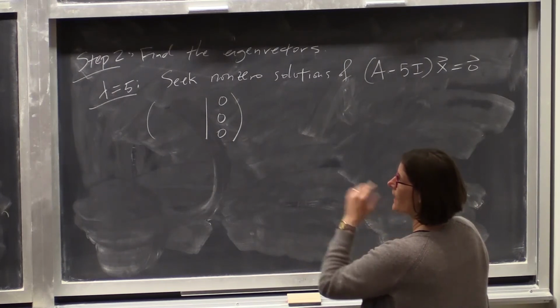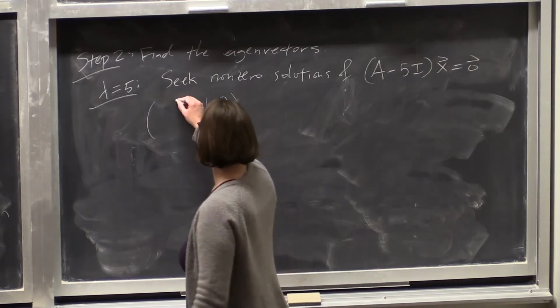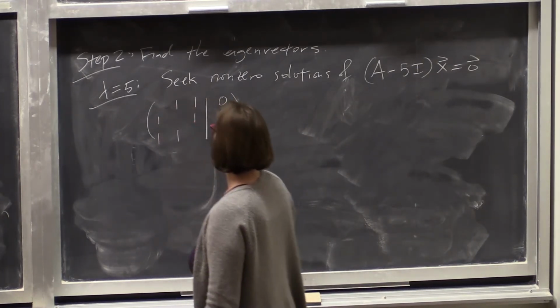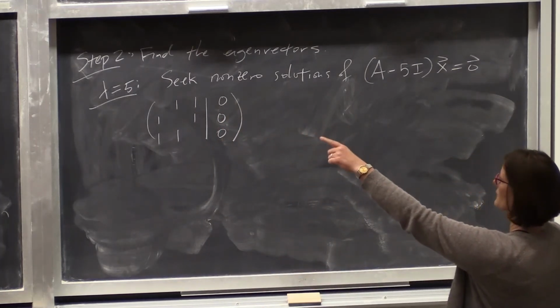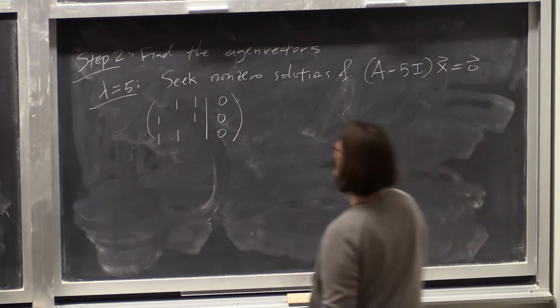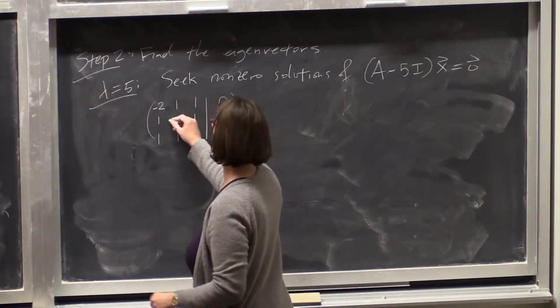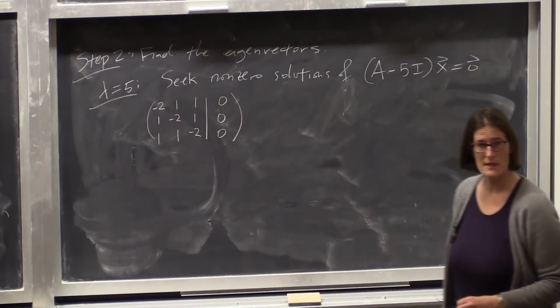So I'm first going to copy over the off diagonals before I attack the difficult problem of adding and subtracting small numbers. I need to subtract 5 off the diagonal. 3 minus 5 is minus 2. And I'm grateful that that's 2 more times. So that's what I have as my augmented matrix.